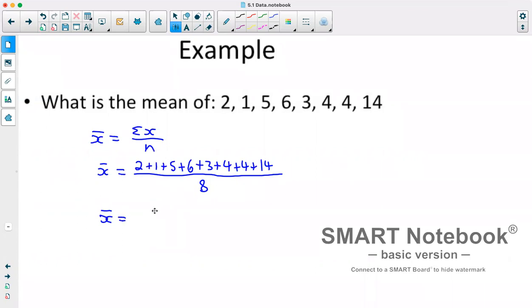So if we calculate our numerator, that gives us 39. And we have 8 terms. So therefore our mean would be 4.875.